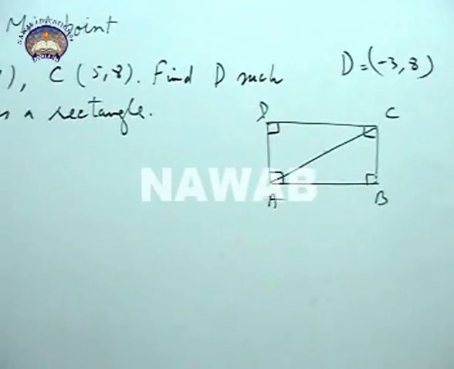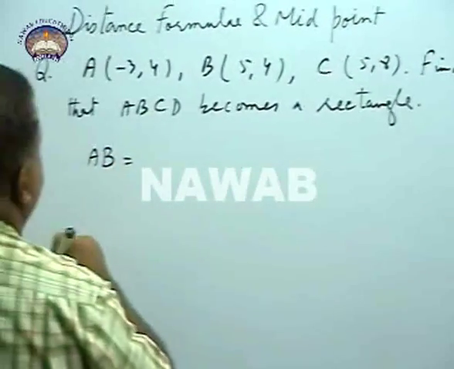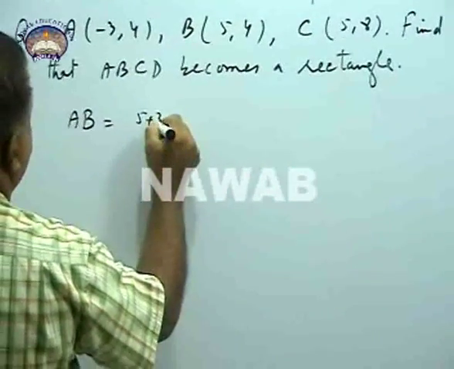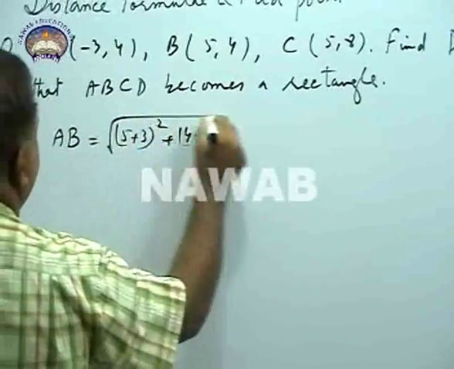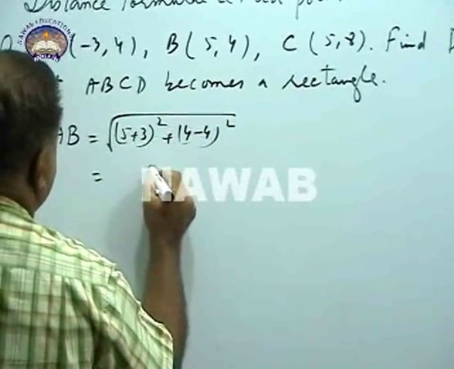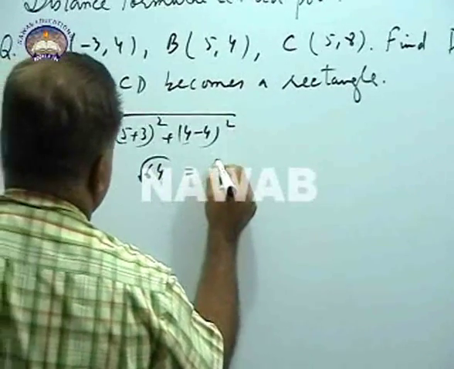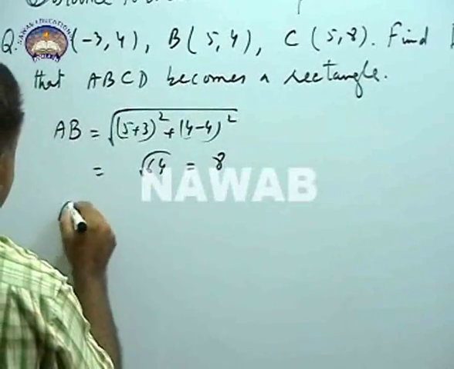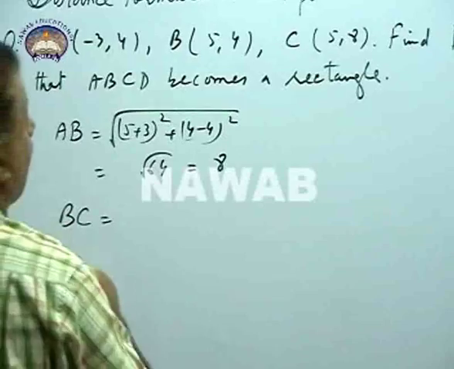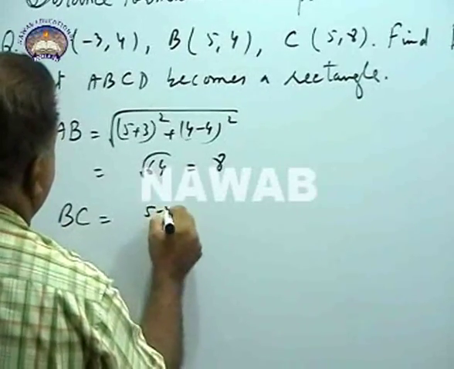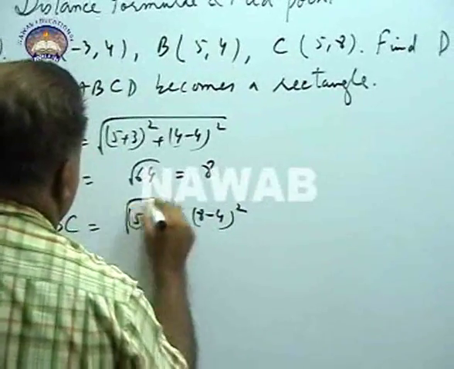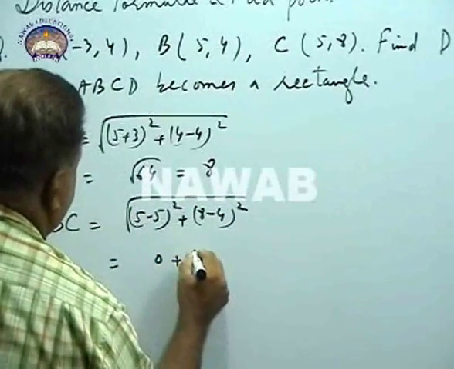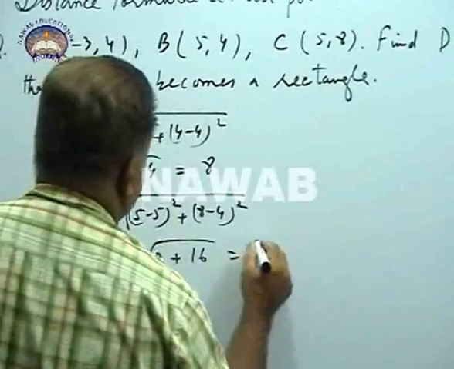Now we find the distance AB. AB distance is root of 5 plus 3 whole square, 4 minus 4 whole square, which is root 64, which is 8. Then distance of BC. BC will be root of 5 minus 5 square plus 8 minus 4 square, so it is root of 0 plus 16, which is 4.